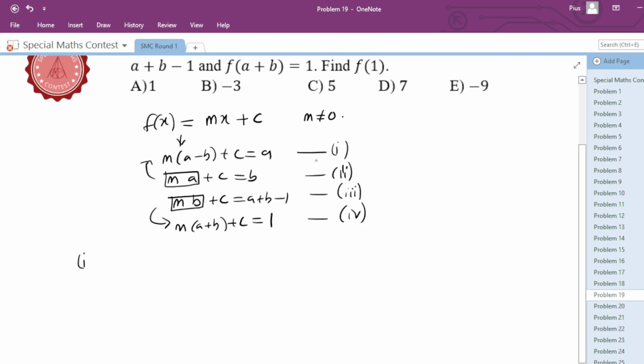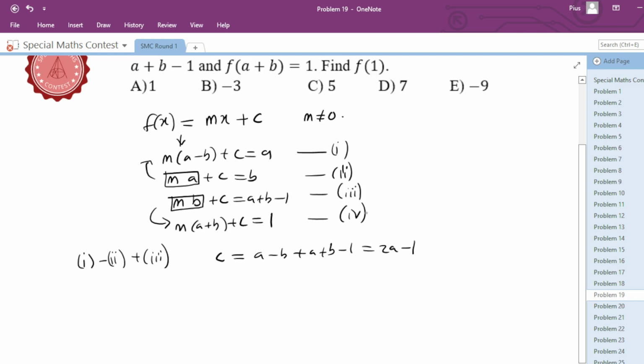So equation 1 is comparable to equation 2 minus equation 3, so we'll look at equation 1 minus equation 2 plus equation 3. That term will vanish, and that will just give us c equal to a minus b plus a plus b minus 1, so that will be 2a minus 1.